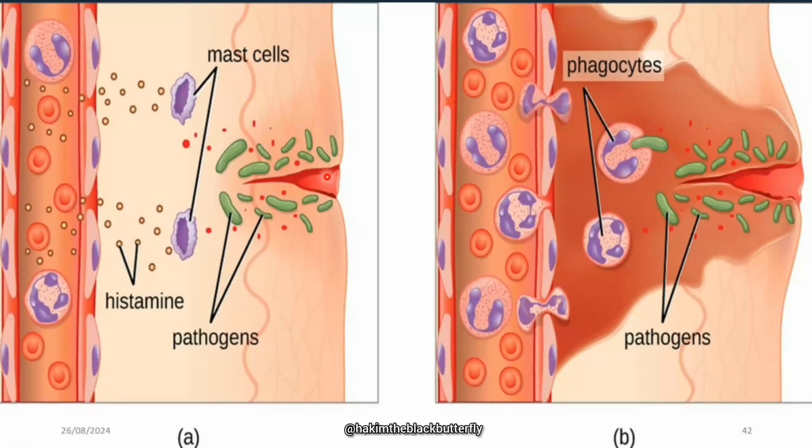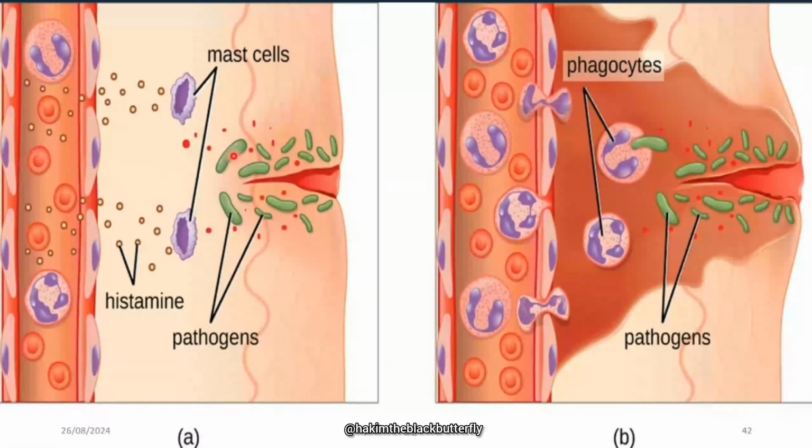Let's imagine this is your skin. This is the epithelium of your skin. This is the underlying connective tissue of the skin, where we have this blood capillary. Let's say there's an injury here. There's always a chance of germs to enter at the site of the injury, to go into your body.